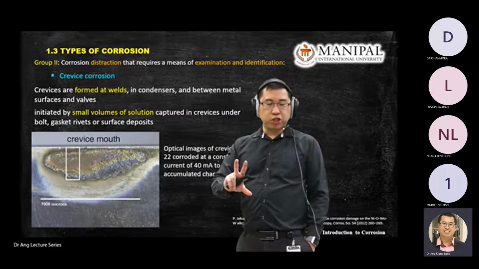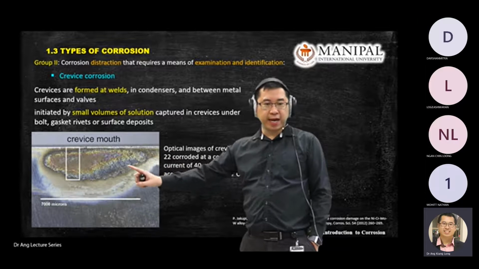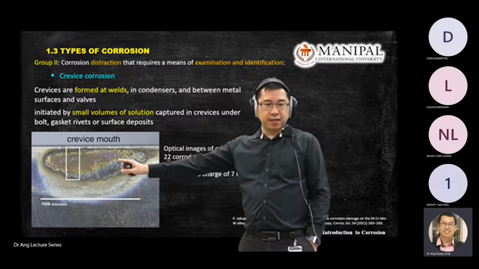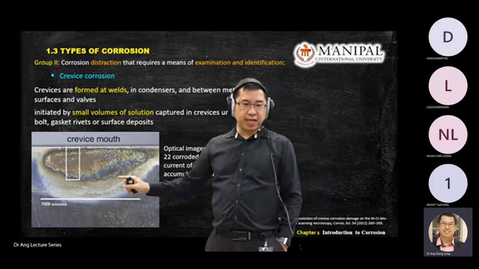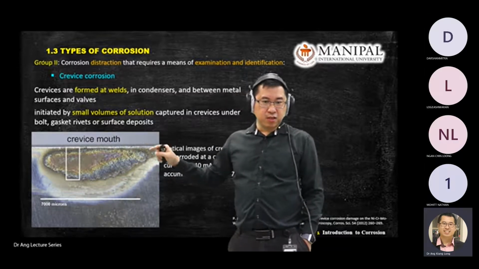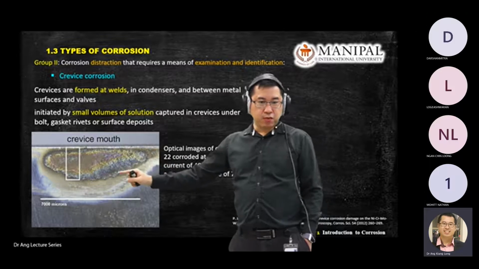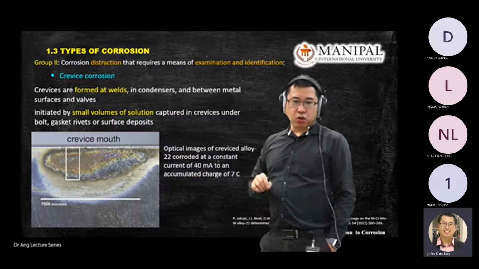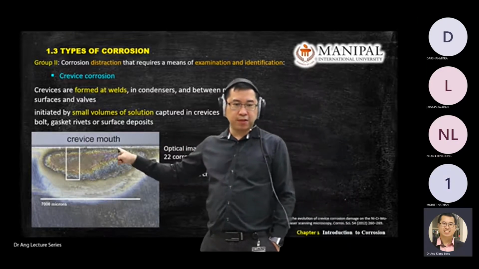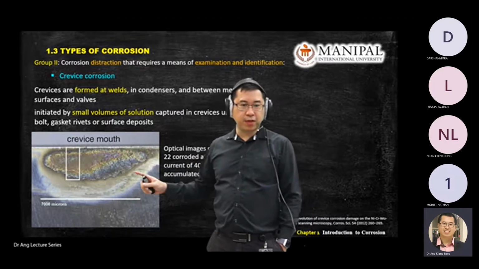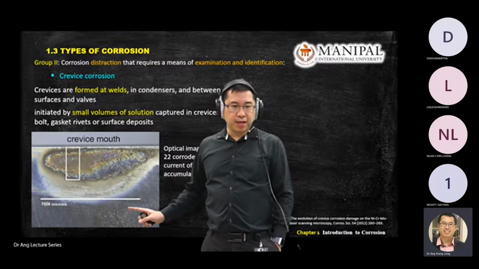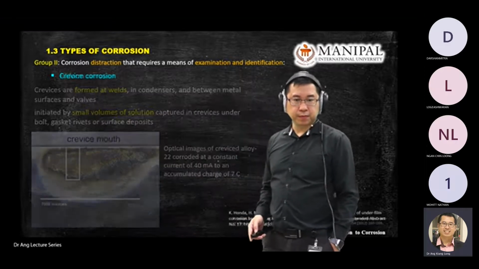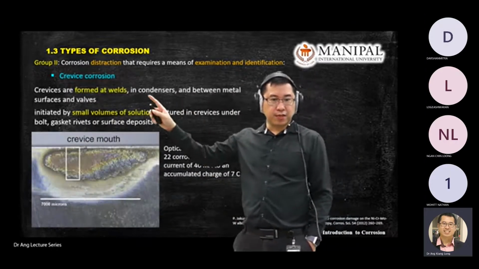During the transition from liquid to solid, it will capture some air and some chemical products inside the liquid layer. You can imagine this is the surface. When you do welding, some material melts, then solidifies and captures something inside. So there will be a small, tiny bubble on the surface, very, very small. As you can see here, it is under a microscope, magnified to 7,000 micron. So this is crevice.